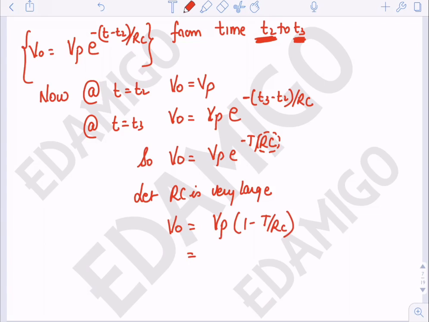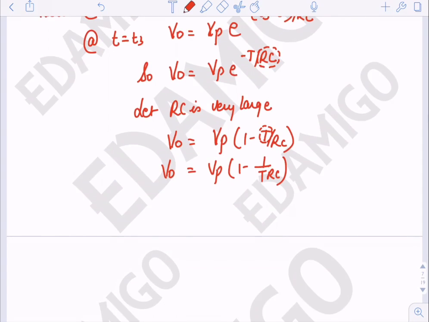This T can be written as 1 upon frequency of the input, so it is Vp times (1 minus 1 upon f RC) is the output voltage. So output voltage at t equals t3 can be written as Vp minus Vp upon f RC.